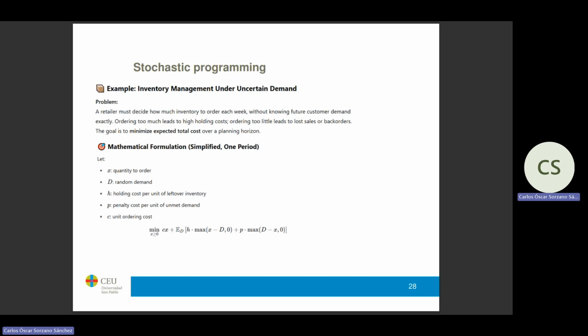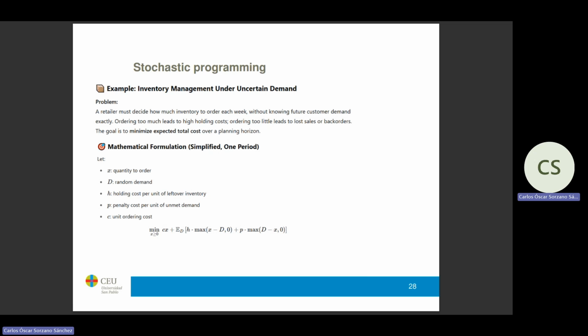And if we sell everything, or the demand is higher than what we order, then this will be negative. So it is the maximum between what we have not sold and zero. And then there is a penalization for the unmet demand. The unmet demand is D minus x. So if D is larger than x, then D minus x will be positive. Otherwise there is no unmet demand, and it will be zero. So this maximum takes care of whether you have sold everything.